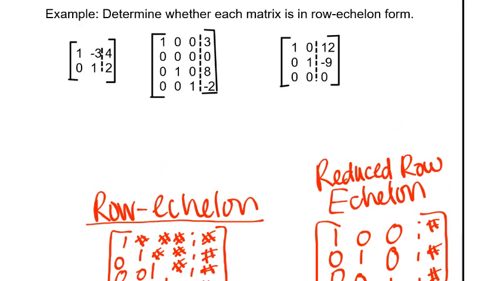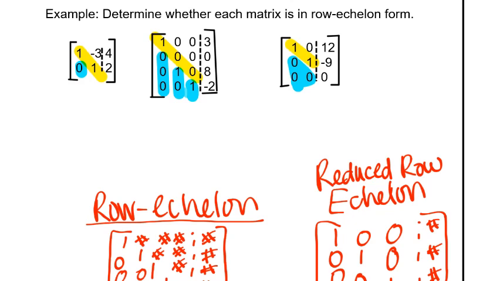So as we look at these, a couple things we're looking for. First, ones in the diagonal. Second, we want to check for zeros to the bottom left of that diagonal.